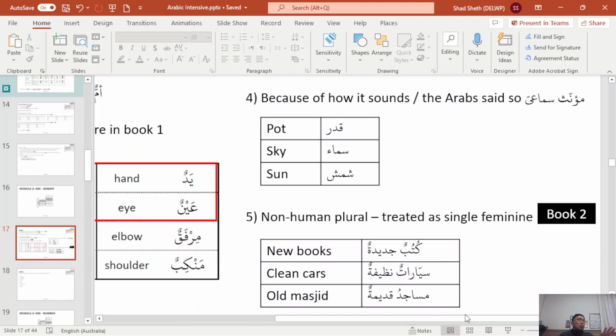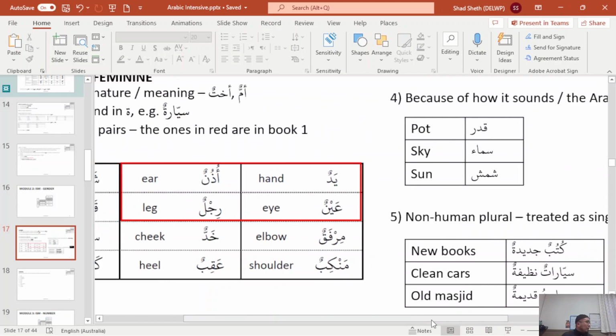Okay. So for this lesson, you don't have to worry too much about number 5. Number 5 is more for the more senior students, just as a refresher of that category. But for the new ones, just remember the 2 additional things that we are learning today, which is body parts in pair, and also 3 words because the Arabs said so. I can't really help you too much on that one. Just have to remember.